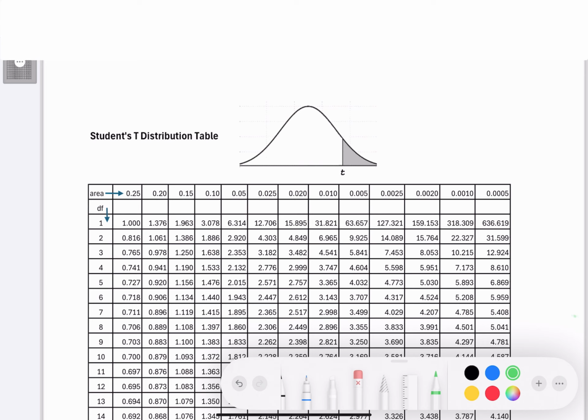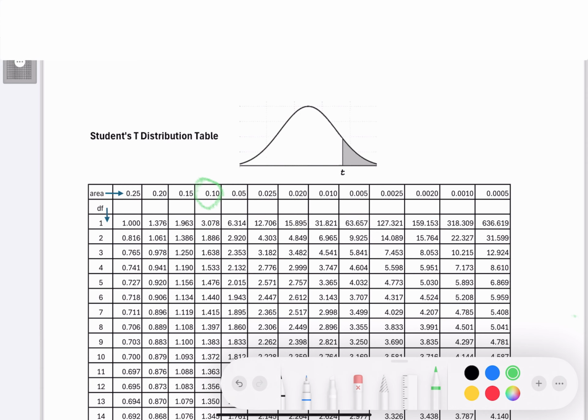But notice there's lots of t-values. Remember, the t-values are in the main part of the table here. There's lots of t-values that correspond to this area. That's because there's so many different t-distribution curves. We need to know which one we're looking for, and that's why we were told to assume 15 degrees of freedom.